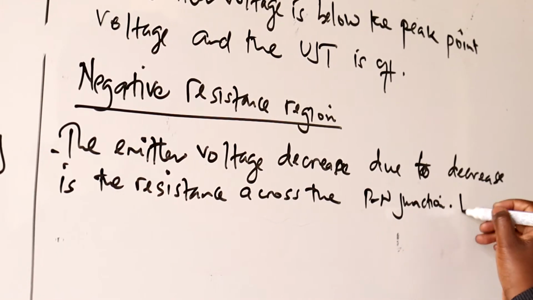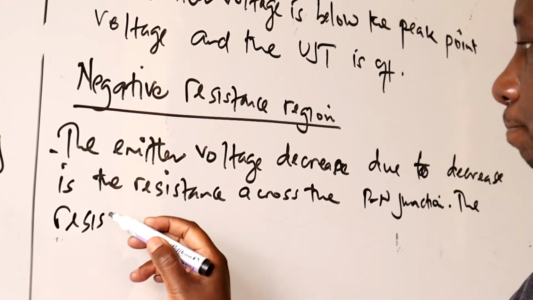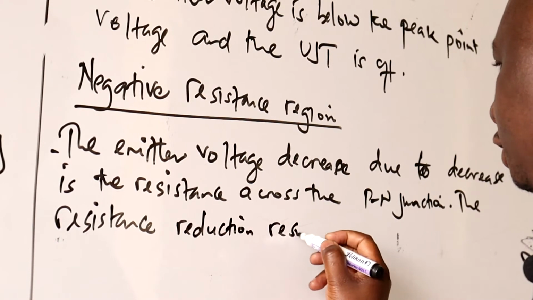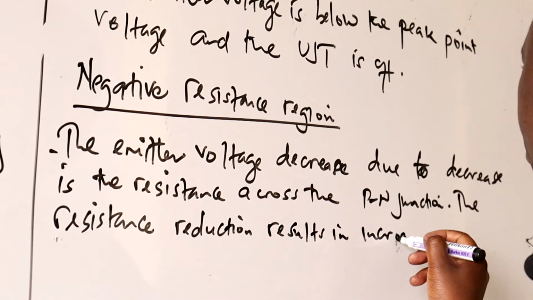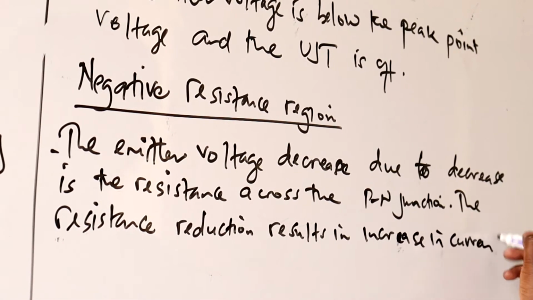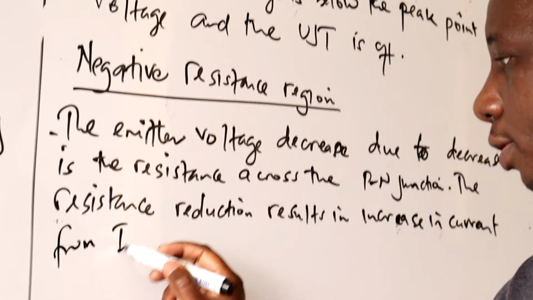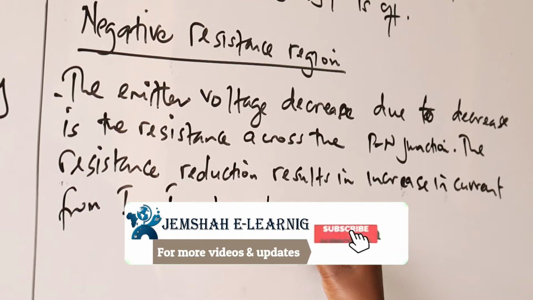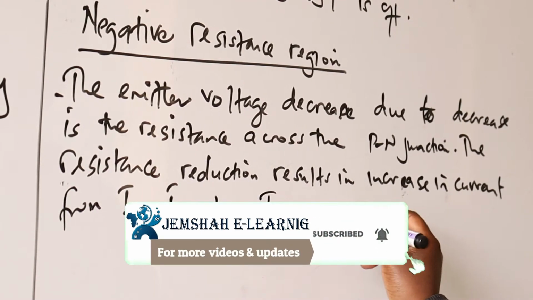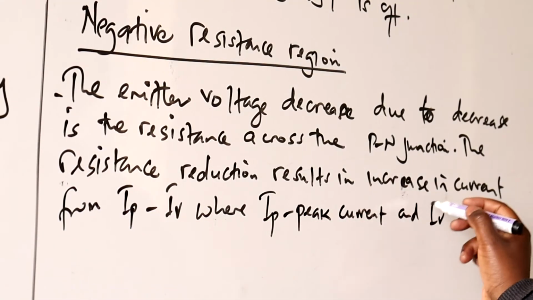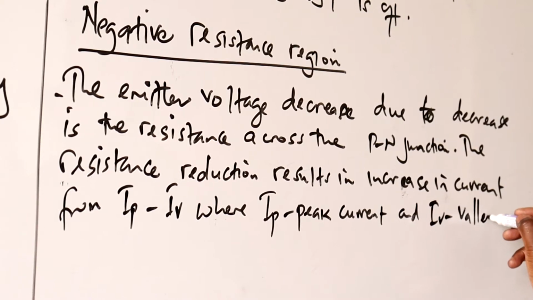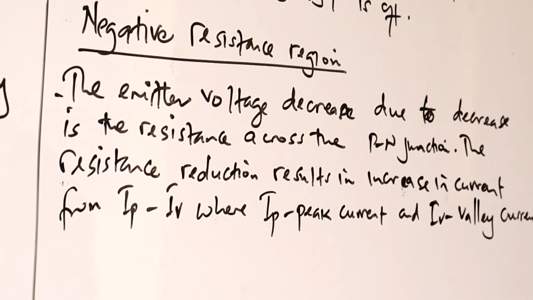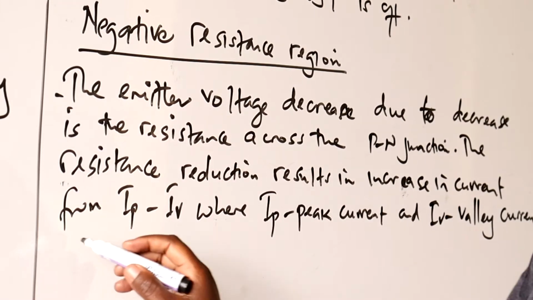The resistance reduction across the PN junction results in an increase in current from IP to IV, where IP is the peak current and IV is the valley current.